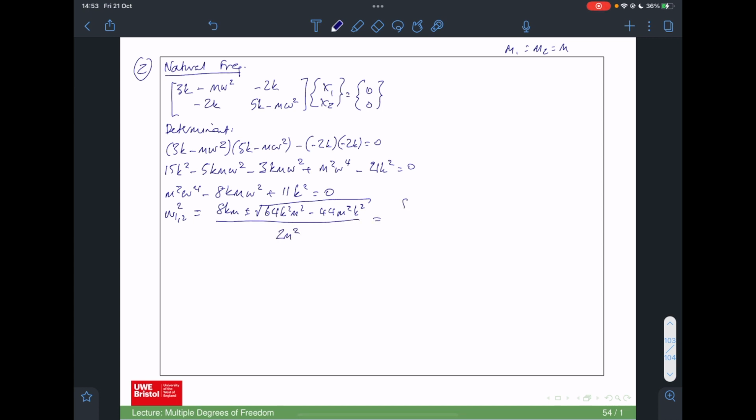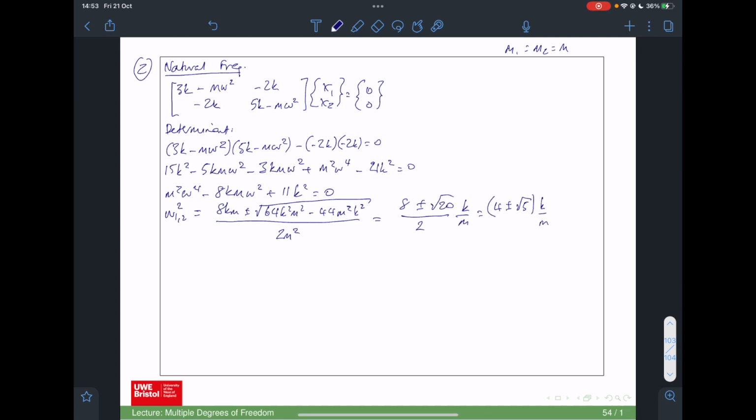And so that equals 8 plus or minus the root 20 over 2 times k upon m. So that's going to be 4 plus or minus root 5 times k upon m.